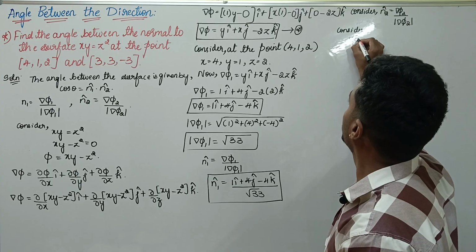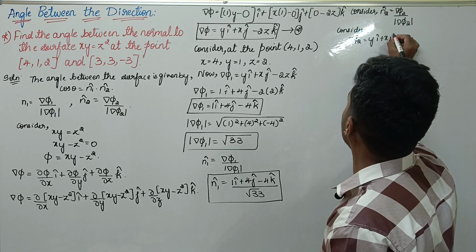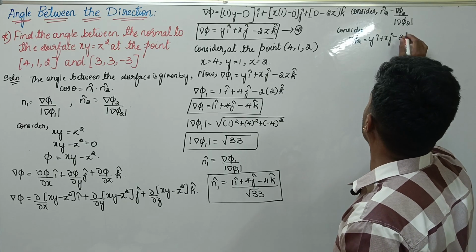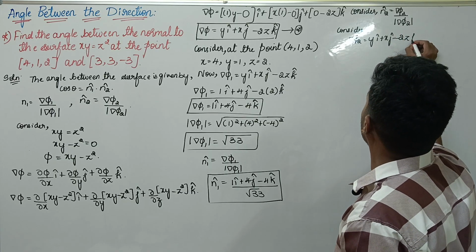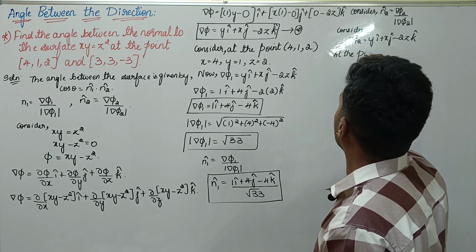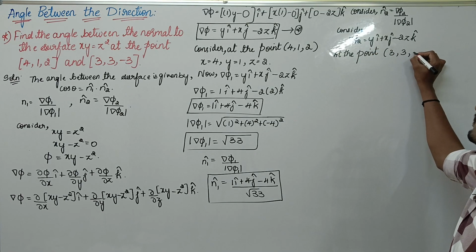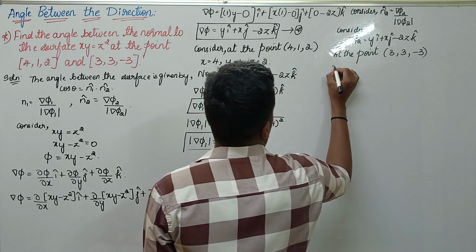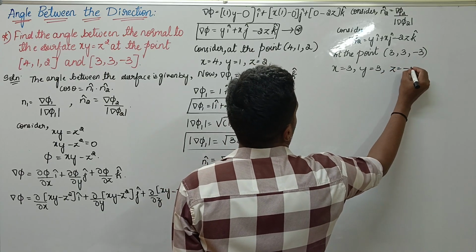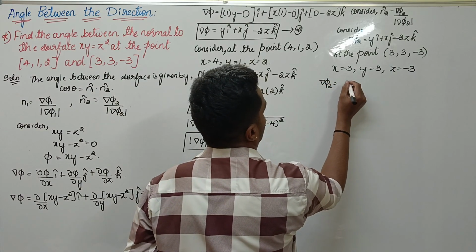Consider gradient phi2, which is equal to y i cap plus x j cap minus 2z k cap, at the point 3, 3, minus 3, where x equals 3, y equals 3, z equals minus 3.